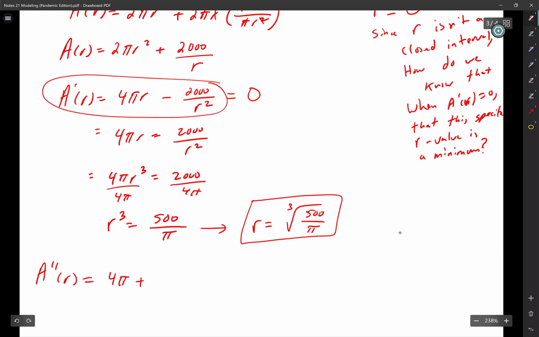And then what's 2 times 2000? 4000 over r cubed. Notice there's a plus. Oh, I love this. Greater than 0 always, since r is always greater than 0.